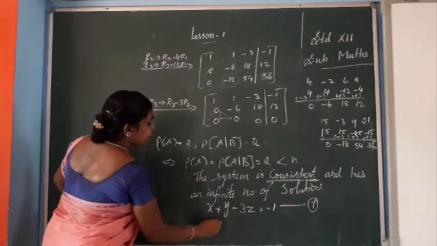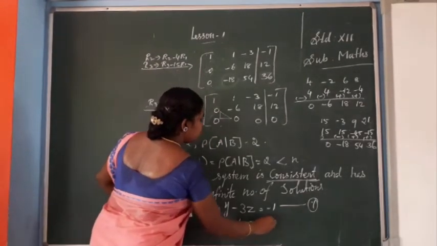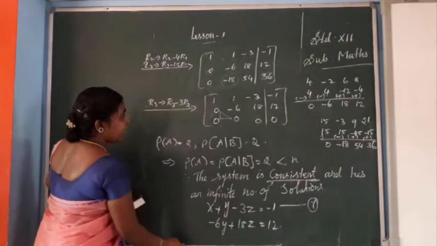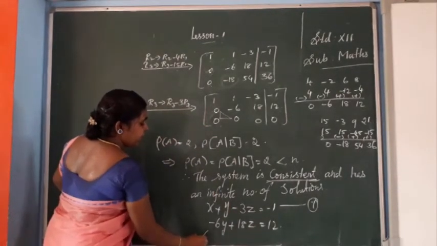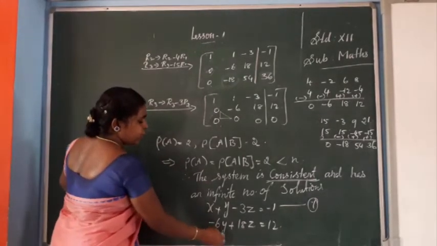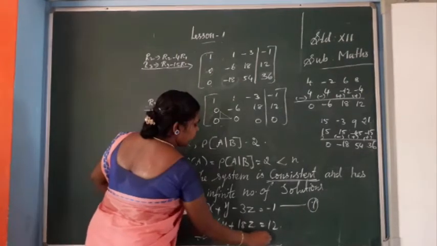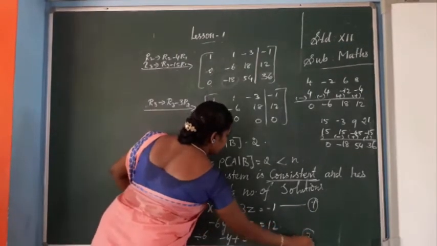Next y term is 6. So 6y plus 18z equal to 12. Here I am going to divide, because all the terms are multiples of 6. So dividing by 6, what you get? Minus y plus 3z equal to 2. This is equation 2.